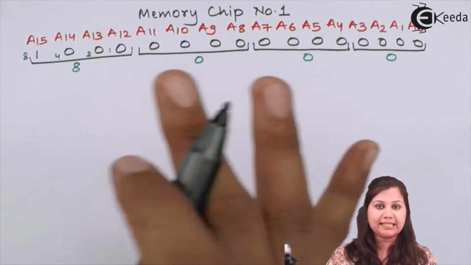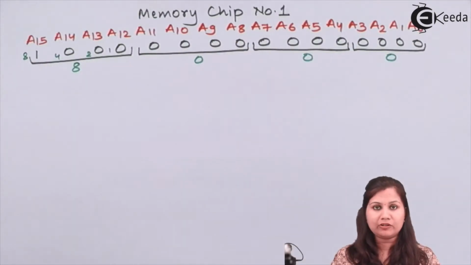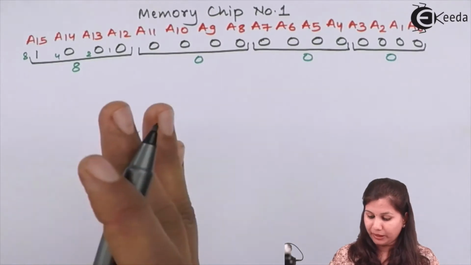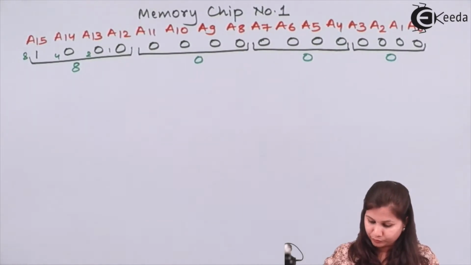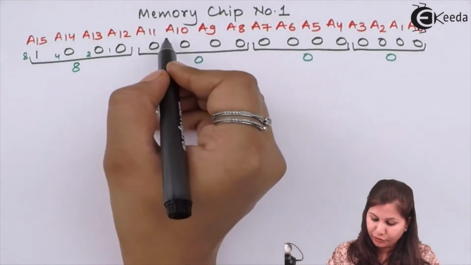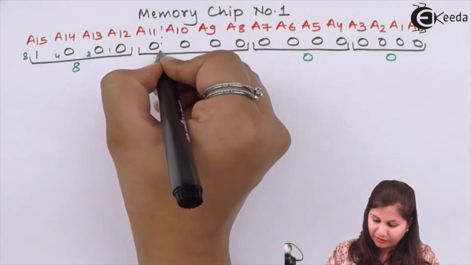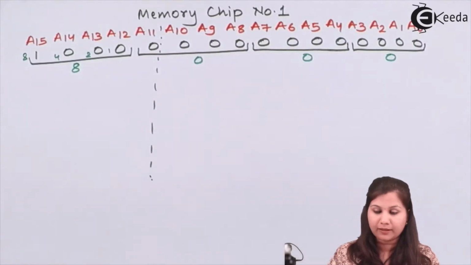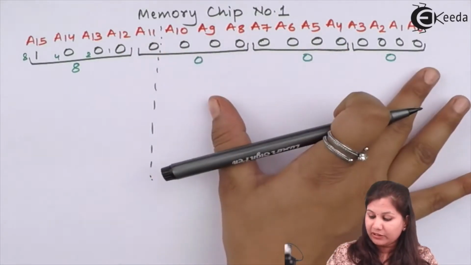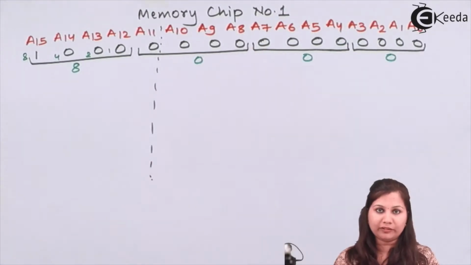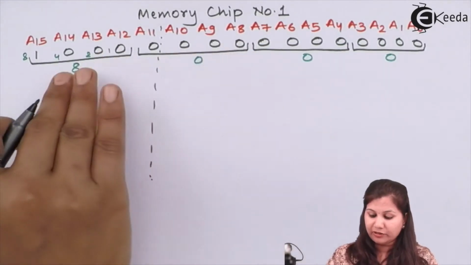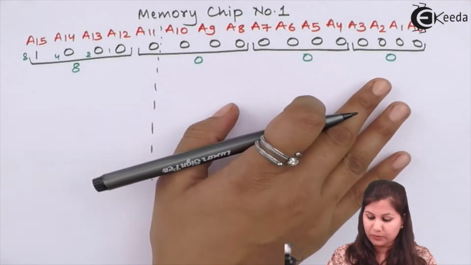Out of these 16 address lines, the 11 address lines are used for addressing the memory chip. This is for memory chip number 1. Let's separate the 11 address lines here, from A0 to A10. These 11 address lines can take any value from all 0s to all 1s. The starting address is given to us as 8000.